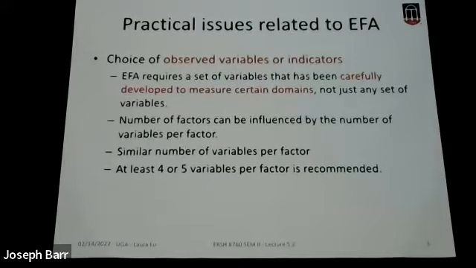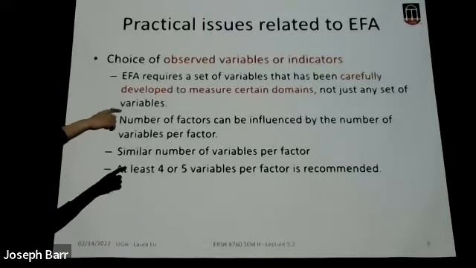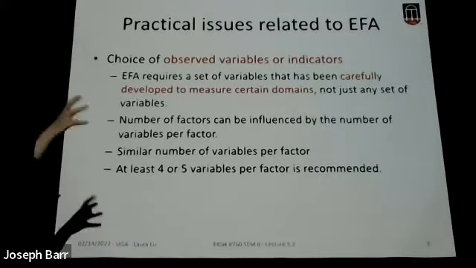Okay, let's look at some practical issues related to EFA. For example, how to choose those observed variables or indicators. When we design our test or items, we collect items that have been carefully developed to measure certain domains, not just random items.